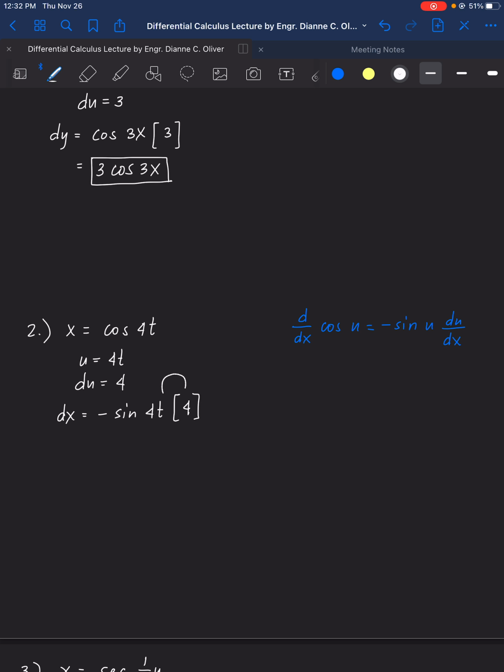Again, we will not multiply this on the angle only, but rather in the whole of negative sine 4t. So the answer here is negative 4 sine 4t. Okay, so that is for sample number 2.